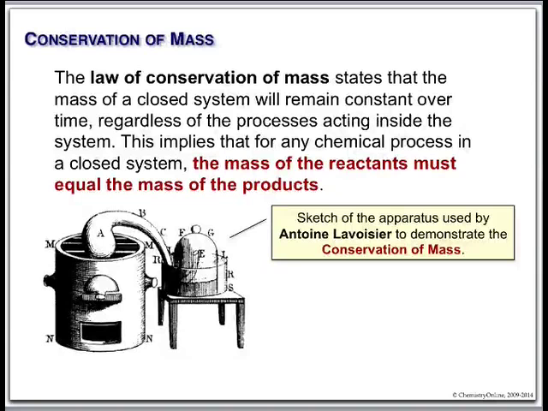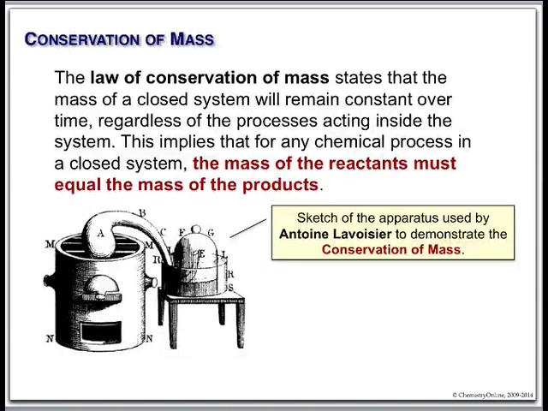Now, Lavoisier showed this way back in 1770, whatever, long time ago. This is the device he used. Basically, what he did was to take mercury, heat it up in oxygen to make mercury oxide.